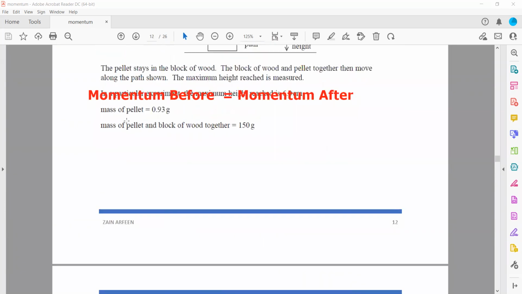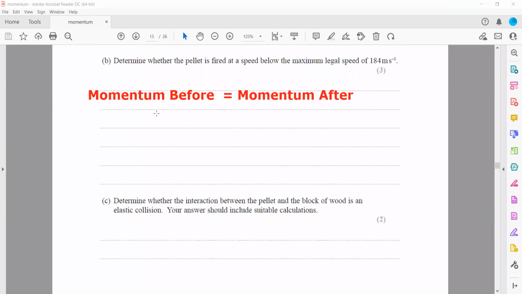The mass of the pellet is 0.93 gram. We convert into kilograms by dividing by 1000, so it will be 0.93 times 10 to the power minus 3, multiplied by the speed at which the pellet is moving, which we don't know. Plus the mass of the wooden block times its speed, but because the wooden block is stationary, its momentum is 0.